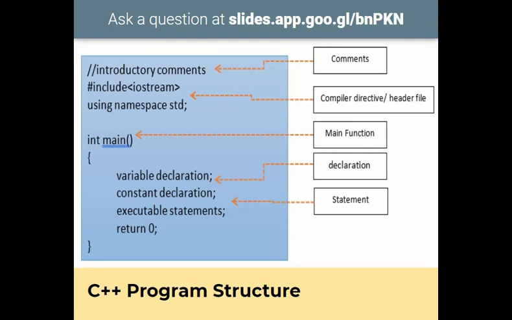Now let's go to the program structure. This is the structure of C++, where most programmers use comments. The comments are like a guide. Later, I will discuss the types of comments. On the second line, we have the #include <iostream>, which refers to the compiler directive or the header file.